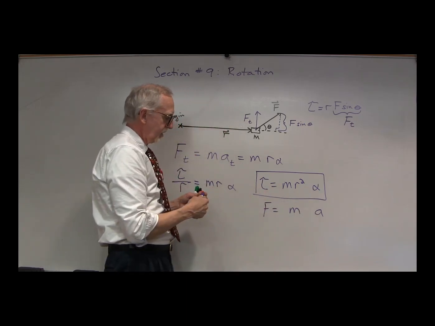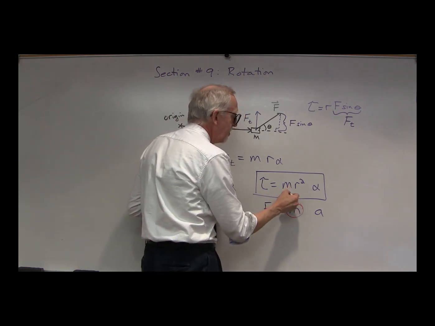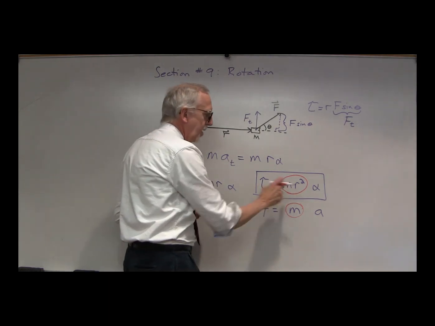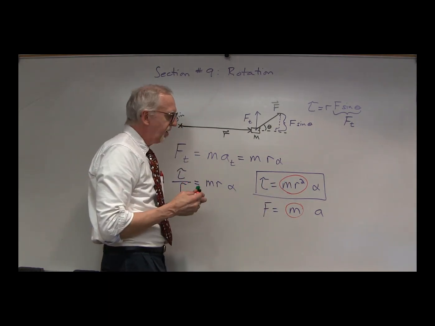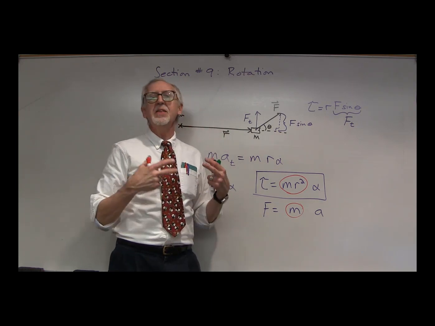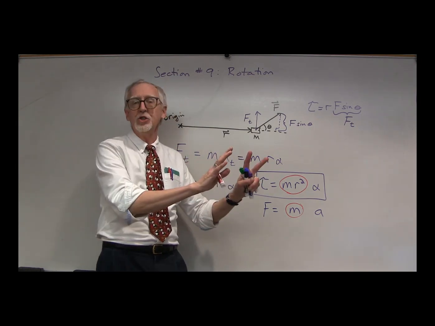But what about this? We've got m here and m r squared here. What is this thing, m r squared? Well, what does m mean in F equals ma? It's a measure of the inertia that something has to having its motion changed.